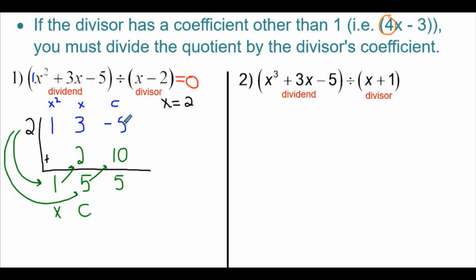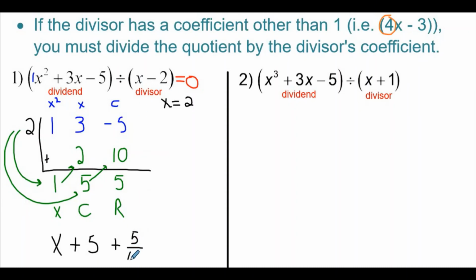And if this is the constant, this will be the remainder in the answer. So the answer comes out as 1x, this is the quotient, 1x plus 5, and then plus 5, and it's a remainder, so same rules. The remainder will be this number, divided by the divisor.